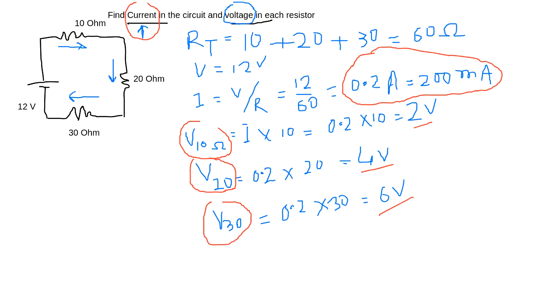Yeah, Abdul Rahman. Ohm's law, V equals IR, and there is a rule: what is current? Current is movement of electrons. No problem, Abdul Rahman. By I, we mean current. What is current? Current is movement of electrons.